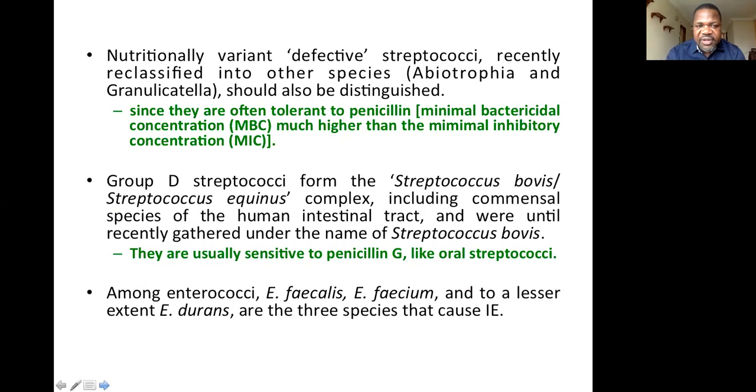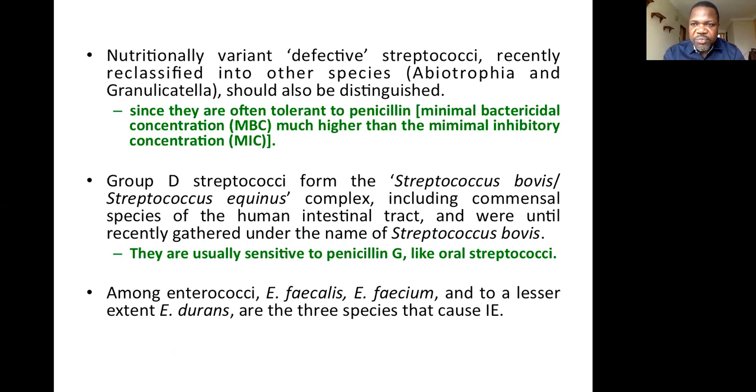Then we have other group D streptococci that are non-enterococci, like Streptococcus bovis. They are usually sensitive to penicillin. And the problem is, if you find a patient with these group D streptococci or Streptococcus bovis, you need to exclude the possibility of a tumor in the bowel.